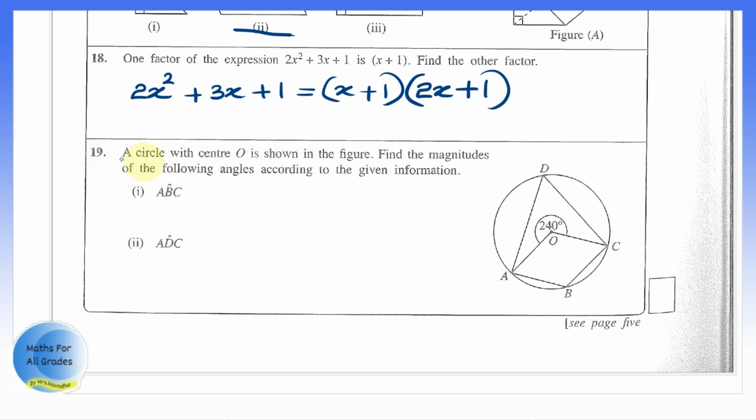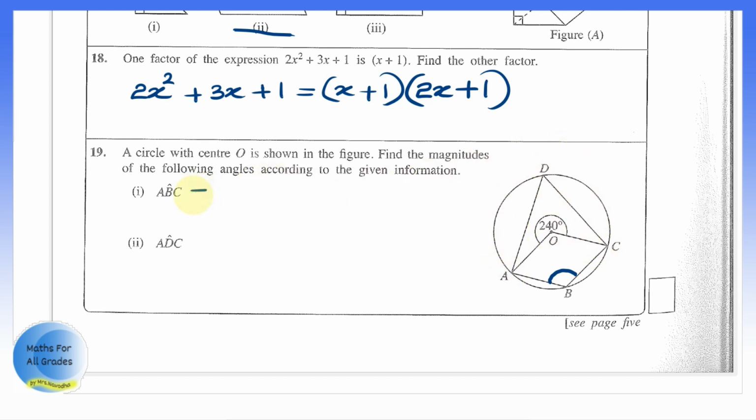Question number 19. A circle with center O is shown in the figure. Find the magnitudes of the following angles according to the given information. Problem number 1. Angle ABC. Angle ABC is here. Angle ABC is subtended by the AC major arc at the circumference, and you can see 240 degrees subtended by the same arc at the center.